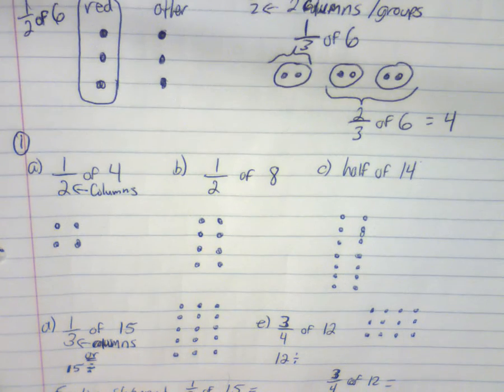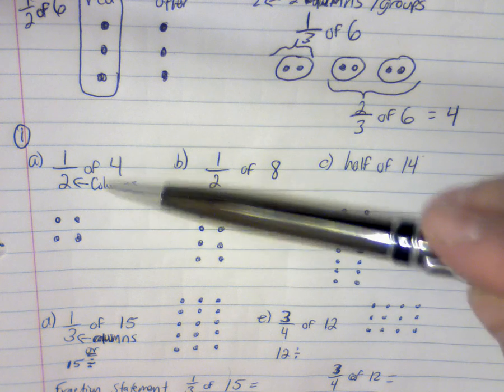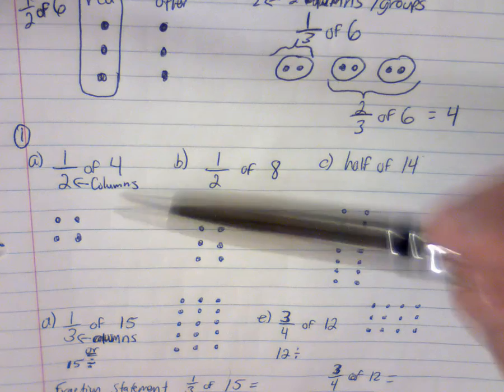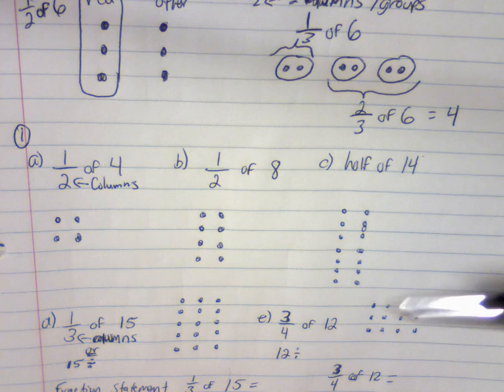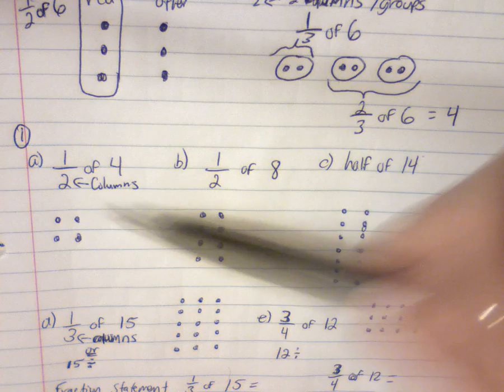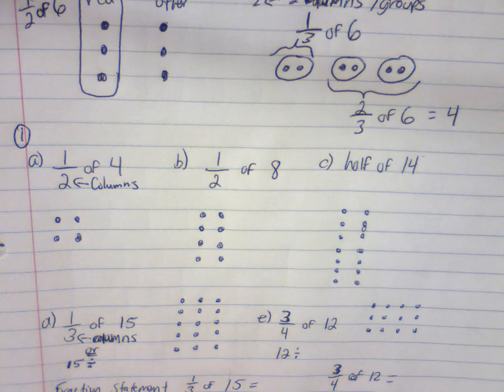So as we go down further, I have more examples of this for you. Again, I've shown you in the columns, we're doing the dots. So we want to know what half of 4 is. We need 2 columns, which I have drawn, and we're going to circle one of them.